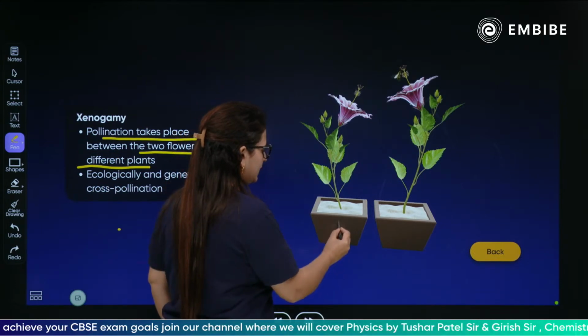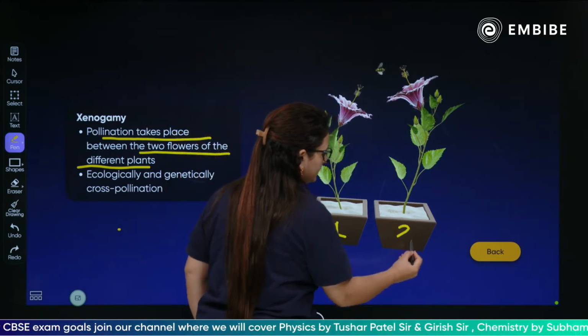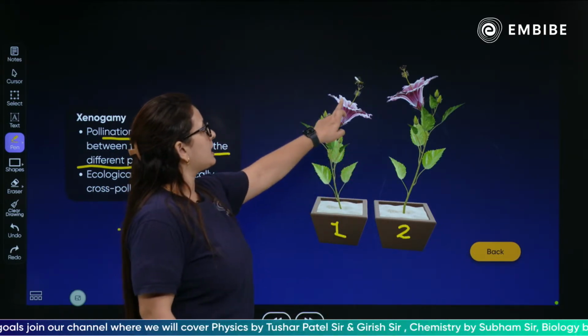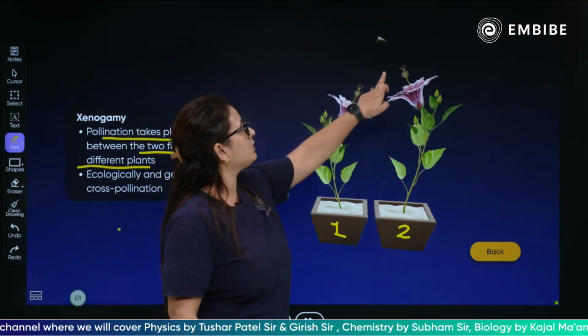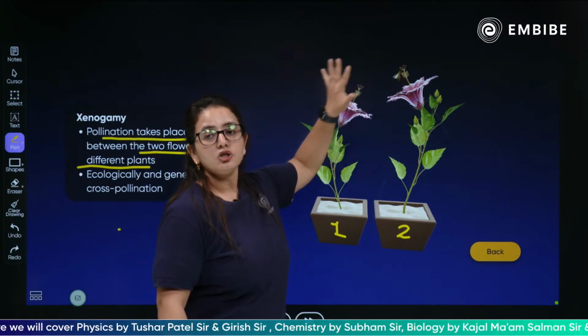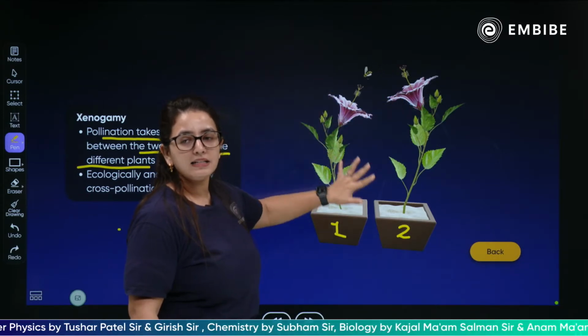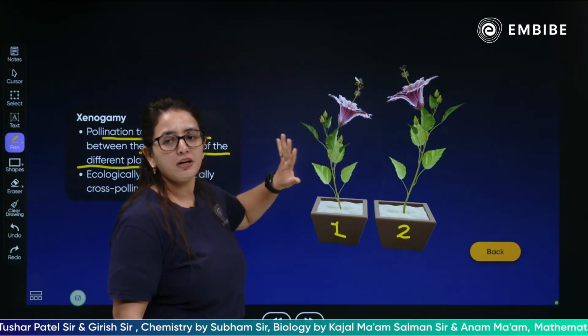There is one plant, there is a second plant. The pollination takes place from the anther of one to the stigma of the other. Two different plants are involved in the pollination.